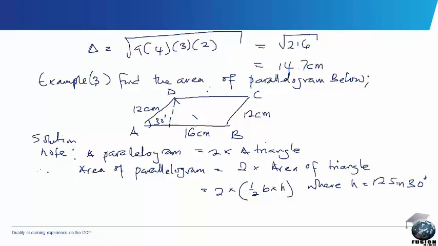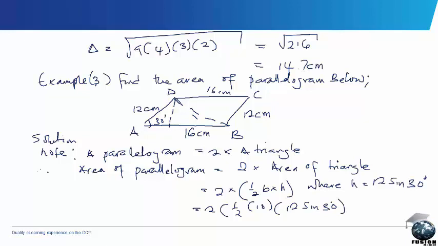Remember what we said about the parallelogram, 16 cm too, and so using the side and the base, that gives us 12 cm. Remember, a parallelogram is 2 times a triangle, so that's why we have that. So we can say 2 times half base, the base there is 16, and the height there is 12 sine 30.